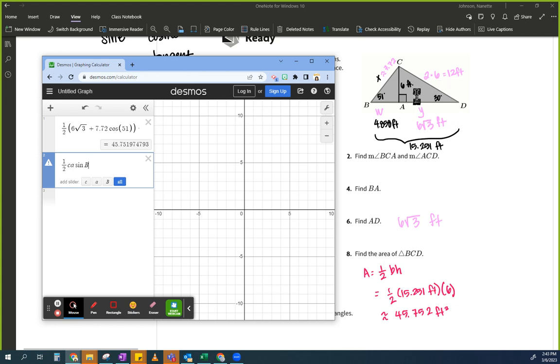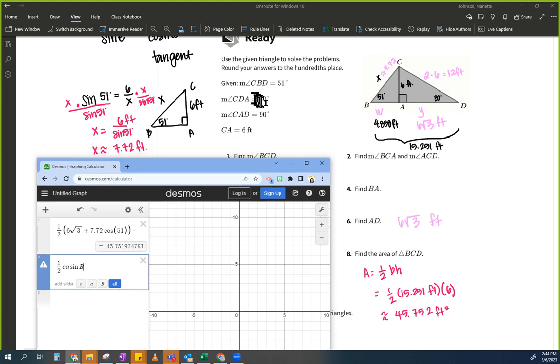Because they gave me angle D, which is 30 degrees, I'll use this one.